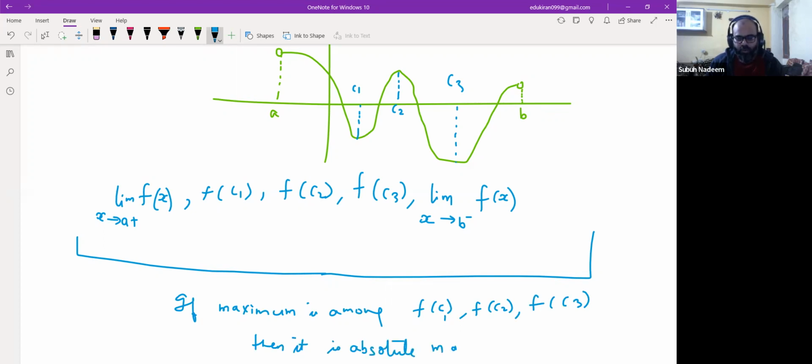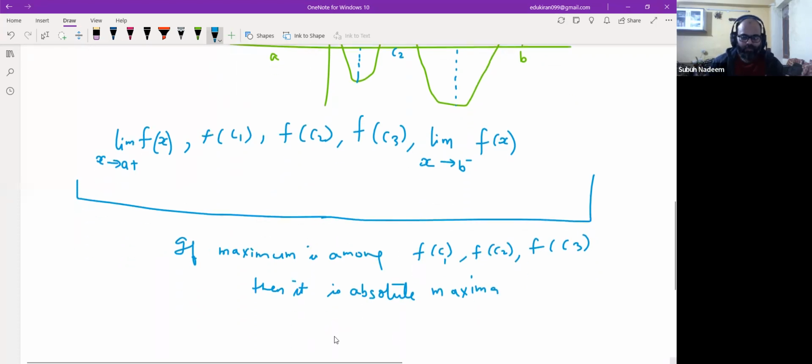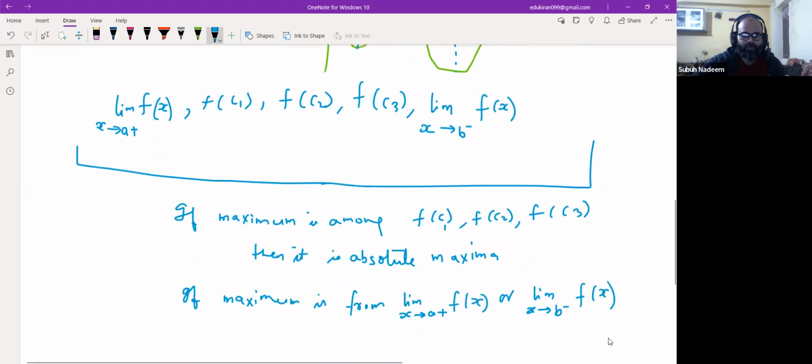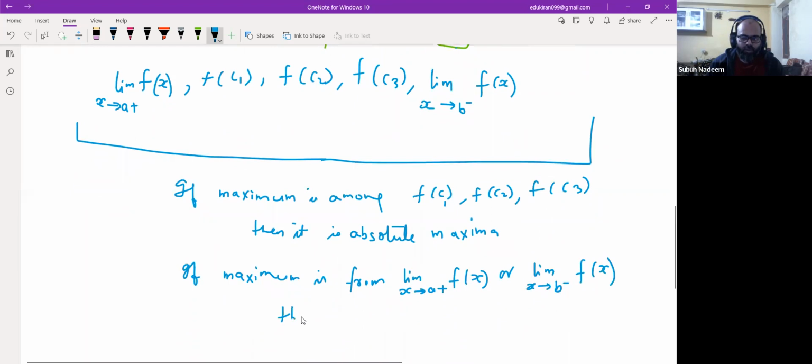Here it is very conceptual thing which I am going to tell you. And if maximum is from limit x approaching a plus fx or limit x approaching b minus fx, then we say absolute maxima does not exist.